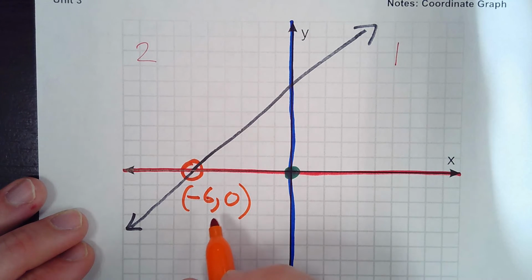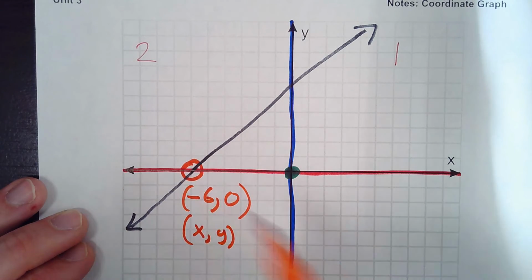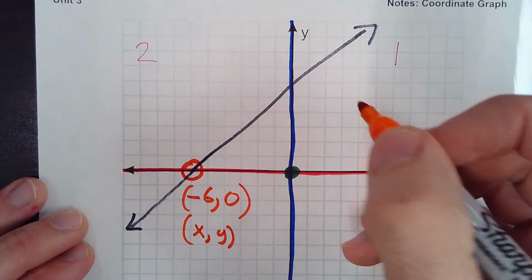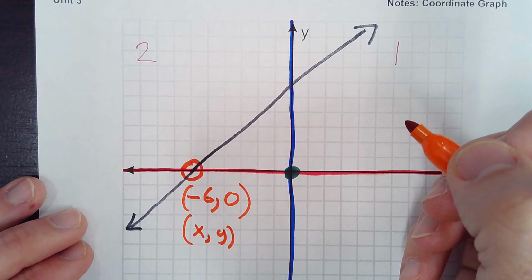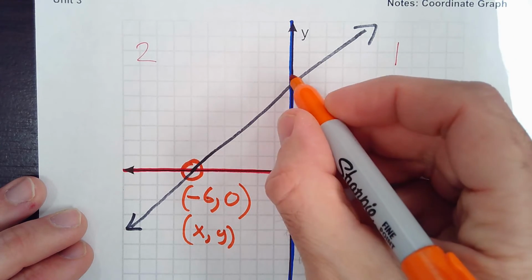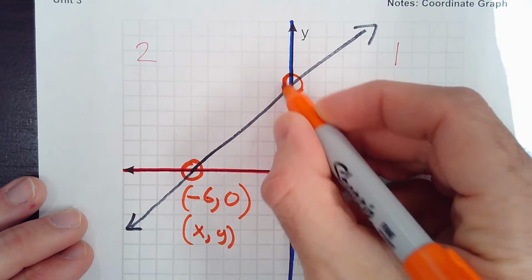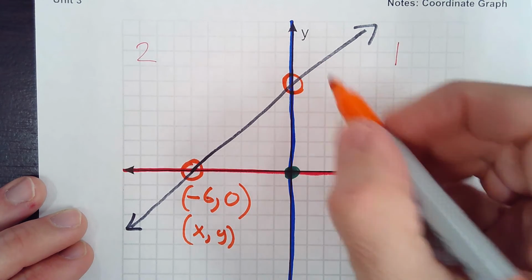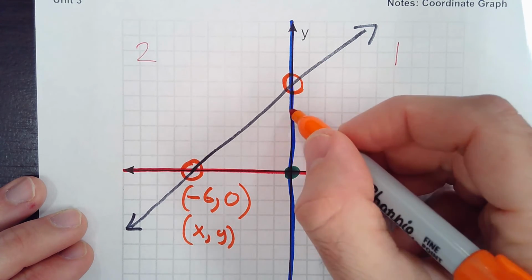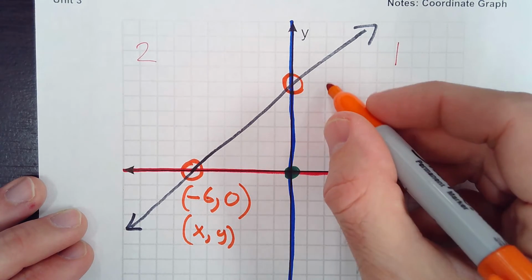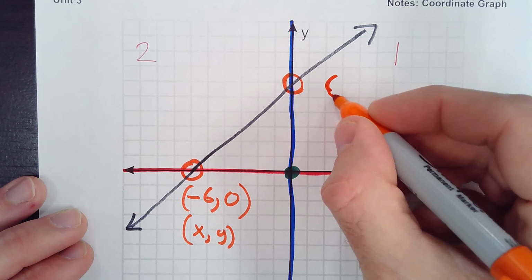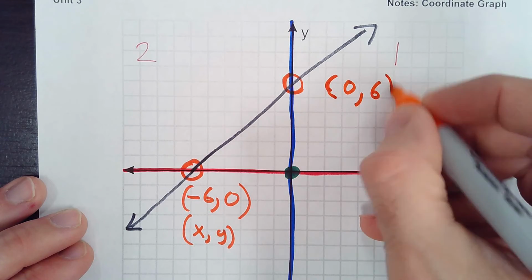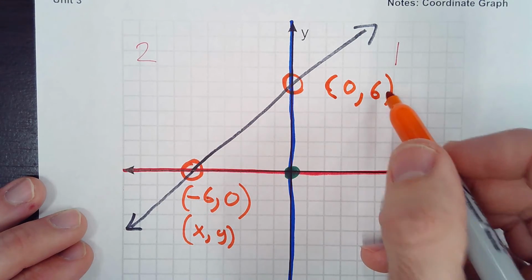And remember, with your coordinates, it's always x, y. So your x value and y value. Now your y-intercept is talking about the same thing, except where does it cross the y-axis? So it crosses the y-axis right there. So your y-intercept would be 1, 2, 3, 4, 5, also 6. 0, 6, x, y.